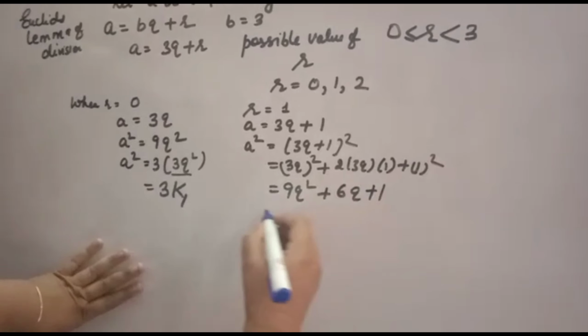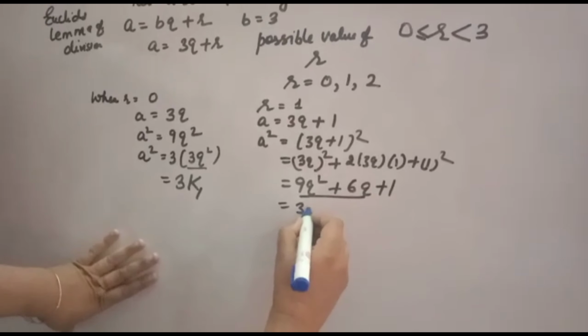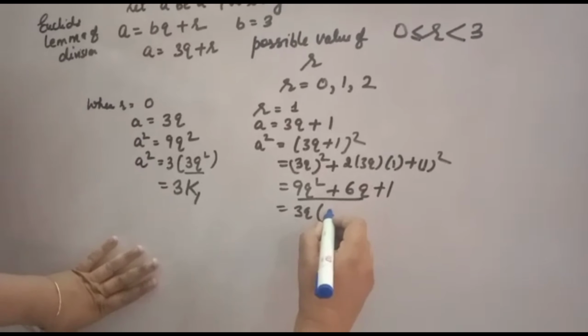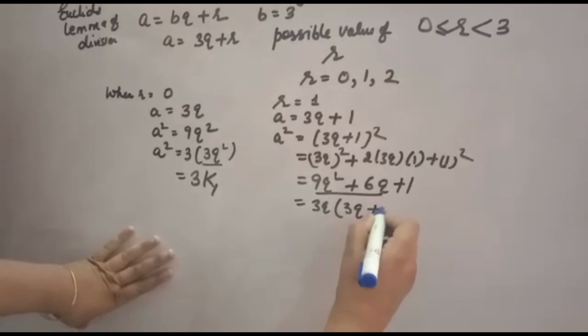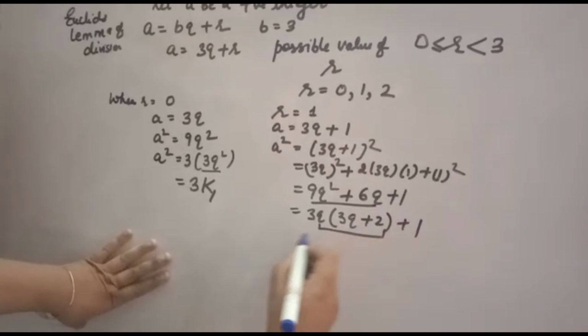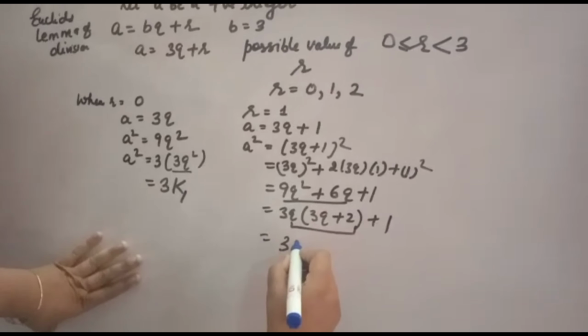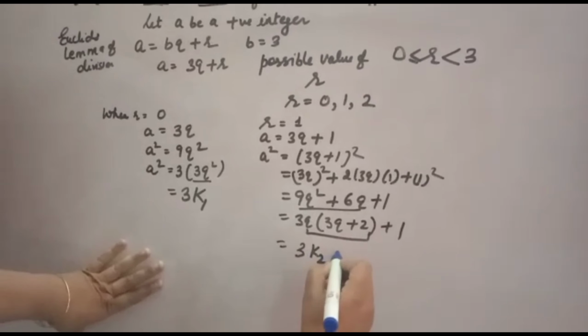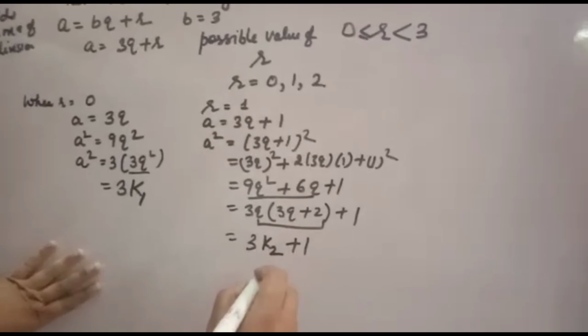Now plus 1 you want, so out of these two terms you will take 3q common. You will get here 3q times q plus 2, plus 1. Now this q into 3q plus 2 you will take another positive integer k2. So 3k2 plus 1 you will get.